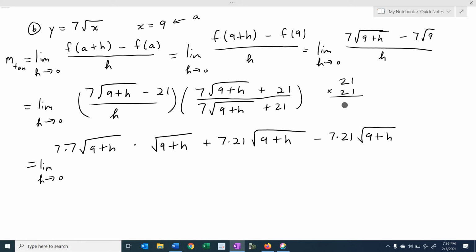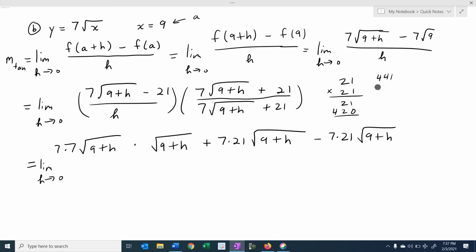Okay, let's see what that is. You get 21 times 20, that's 420, plus 21, so that's going to be 441.